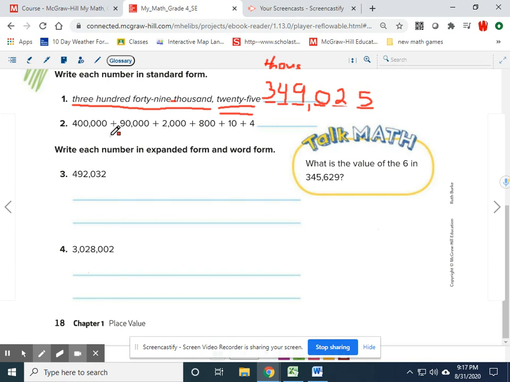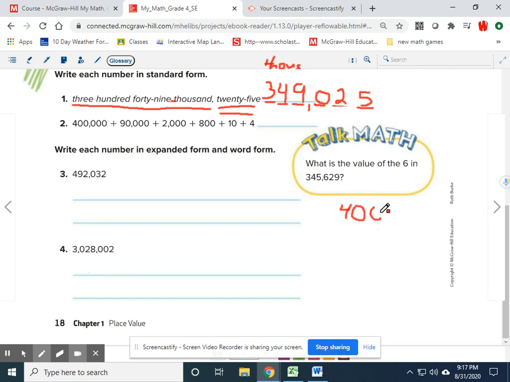Ooh, this next one. 400,000 plus 90,000 plus 2,000 plus 800 plus 10 plus 4. There's many ways we could do this. We could add those numbers up. And that's probably what we should do, but we have to make sure we line our numbers up when we're doing this. So this one's a little more challenging, and I'm going to have to try to write the numbers as best as I can. So I'm going to write them down here.